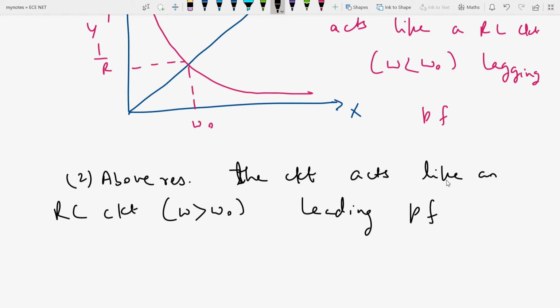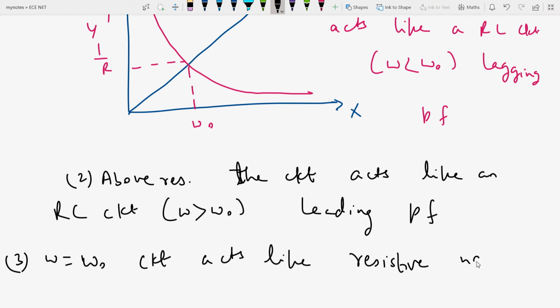Okay. Third point is what? That at frequency omega equal to omega naught, the circuit acts like a resistive circuit, having resistive nature.